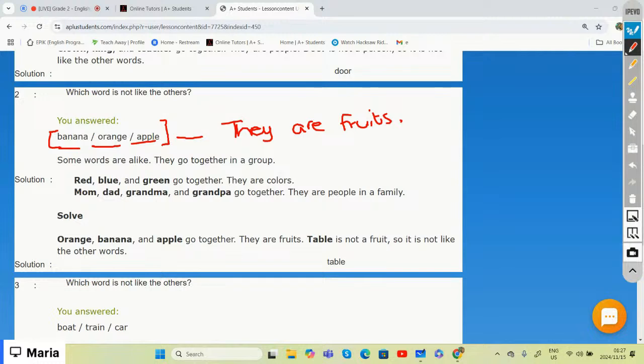All right, so we have words like banana, orange, and apple, and they are basically fruits.